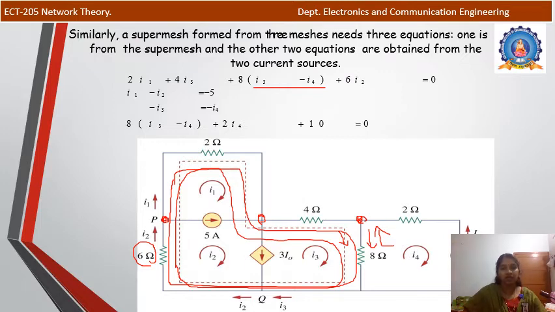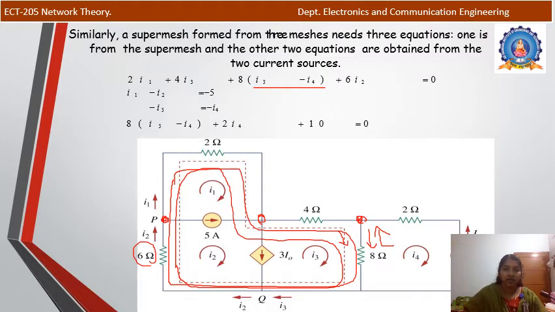Because here we have one super mesh and one normal mesh, but there are totally 4 unknowns, so we need 4 equations. To get the remaining equations, we use KVL or KCL at any points. First we apply the KCL at point P, and second we apply the KCL at the meeting point of the 4 ohm, 8 ohm and 2 ohm.